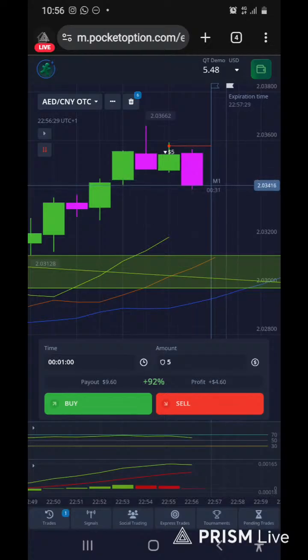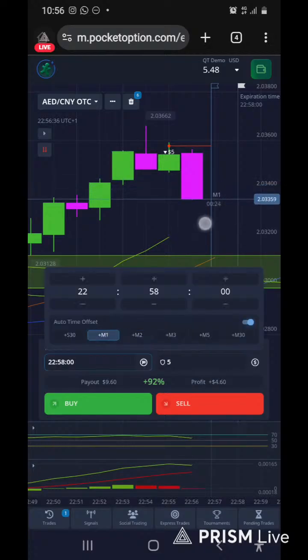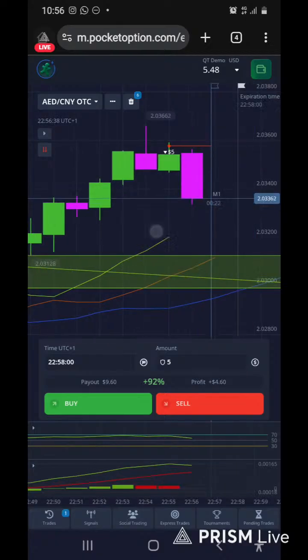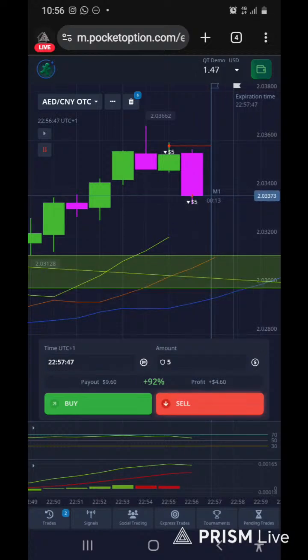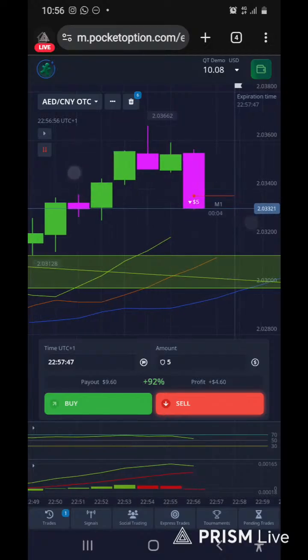I'm going to scalp here. This is called scalping. What I just did, I'm trading the remaining time.